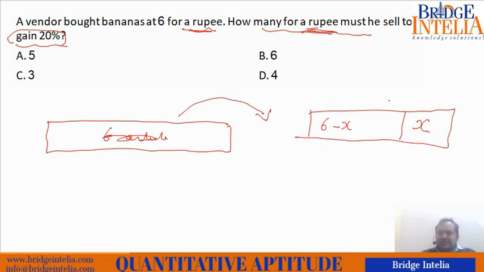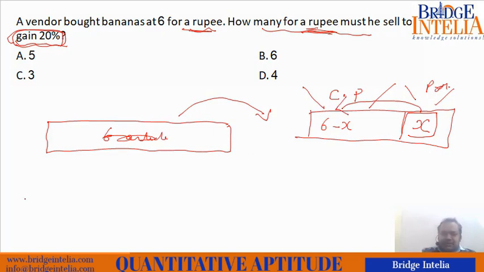So the articles that he is selling to recover his investment act like cost price, and this acts like profit. So what is said here? The profit must be equal to 20%. So this X must be 20% of 6 minus X.